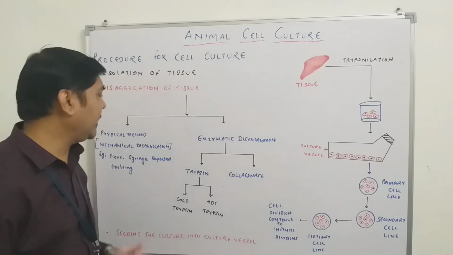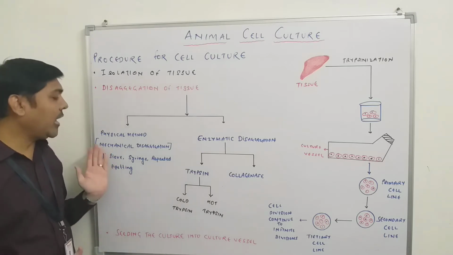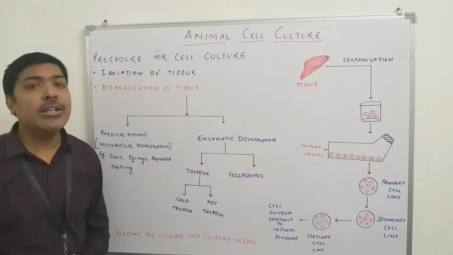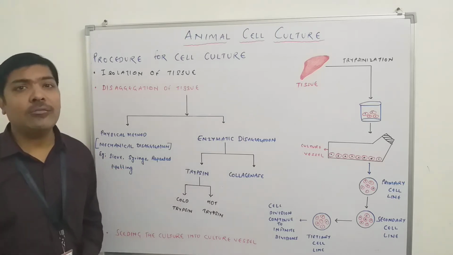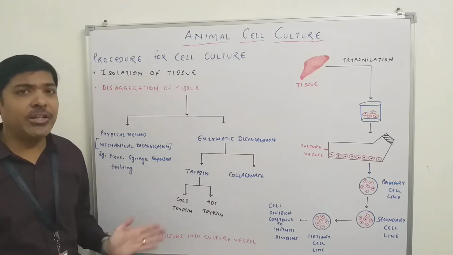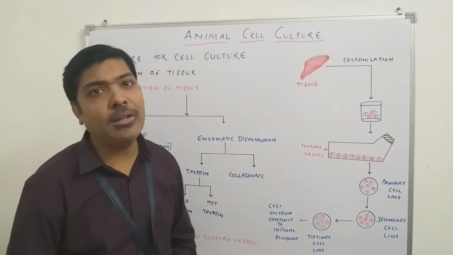Suppose we are performing the physical method, that is the mechanical method. Under the mechanical method, different processes are available, like we can pass the tissue through a sieve, we can pass the tissue with the help of a syringe, or we can go for the repeated pipetting method.